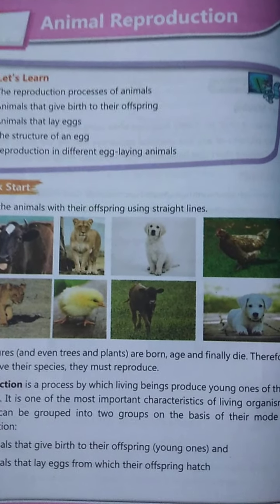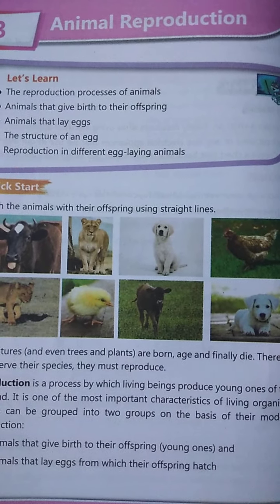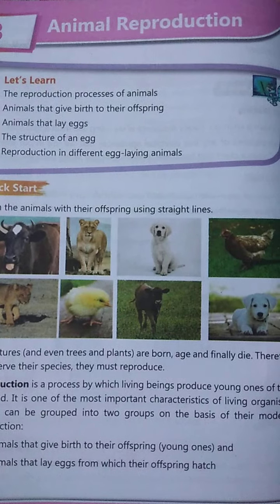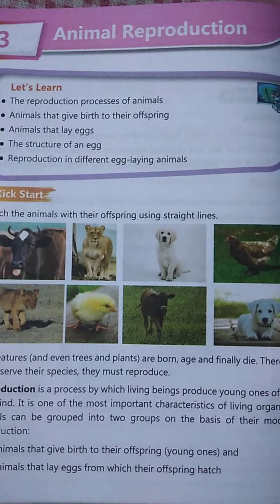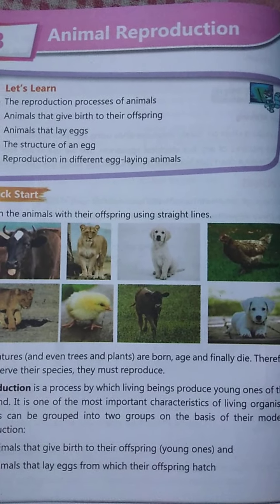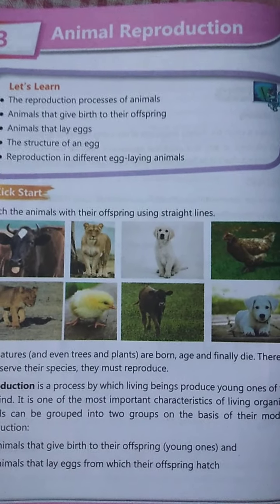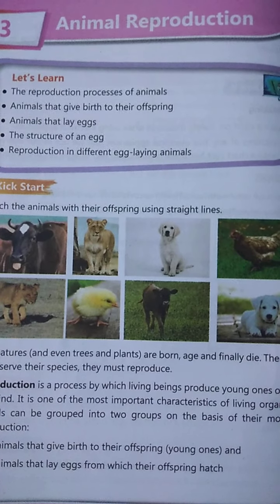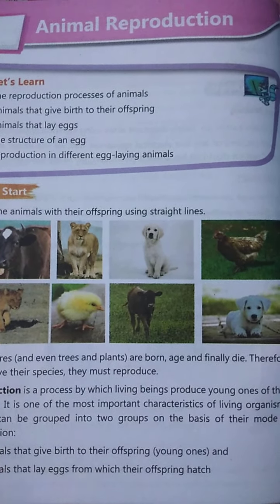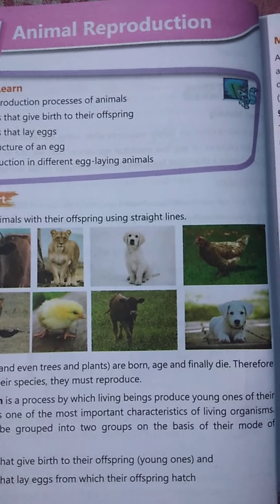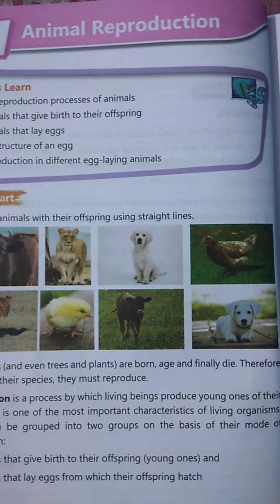So every living thing needs to reproduce so that their species are preserved, so that their offsprings, their young ones, are preserved. So reproduction is what? It's a process by which living beings produce their young ones.